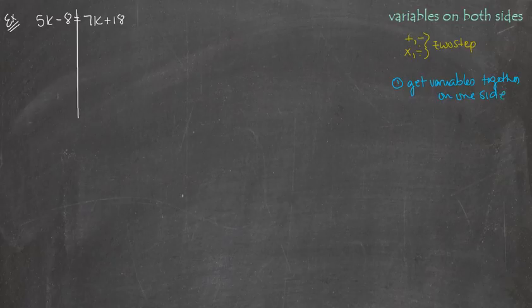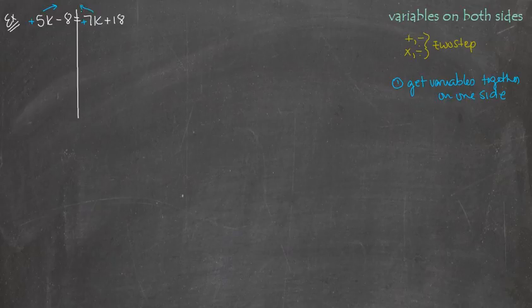So I want to get the variables together and I'm going to use exactly the same operations I'm used to. This is a plus 5k on this side, and this is a plus 7k on this side. So I have some choices. I can either move the 5k to the right-hand side or the 7k to the left-hand side.